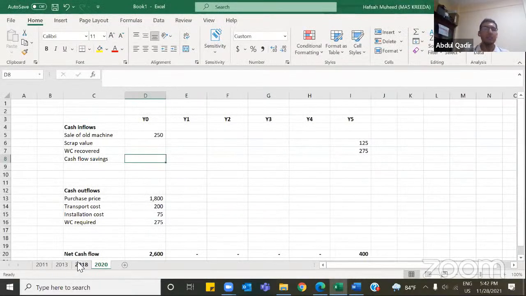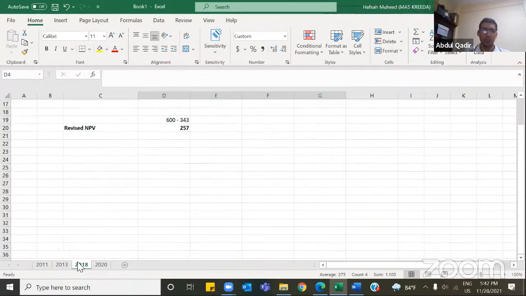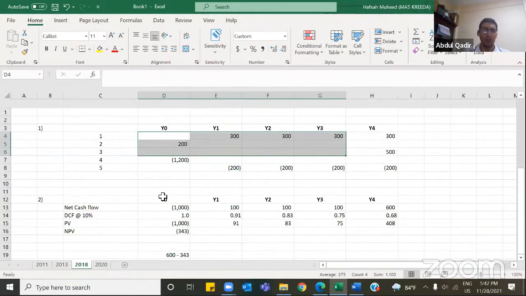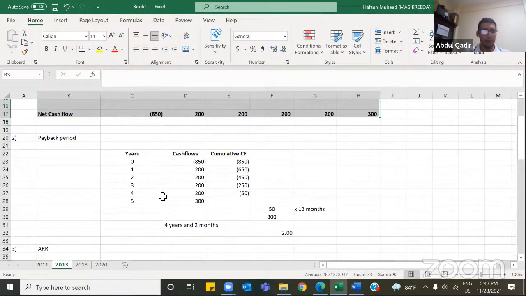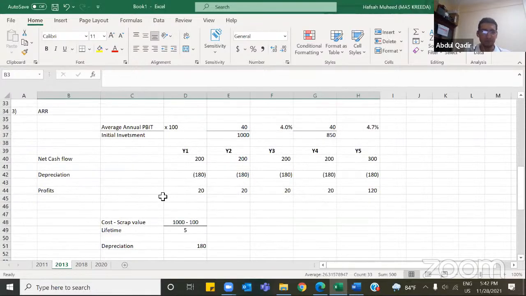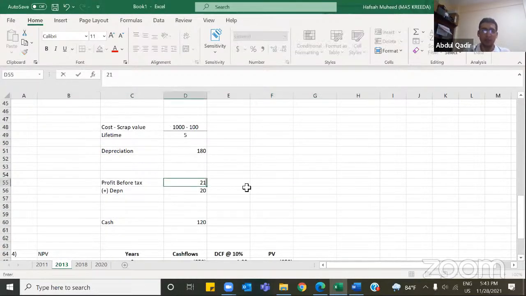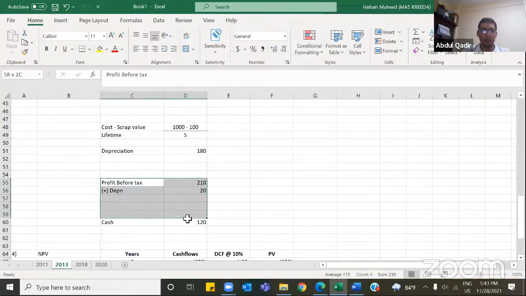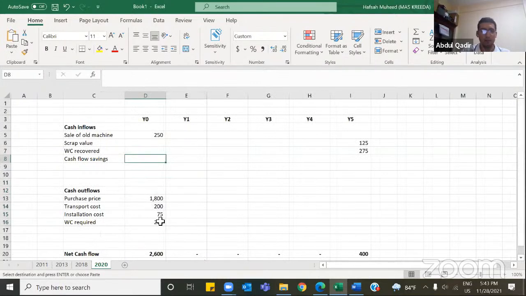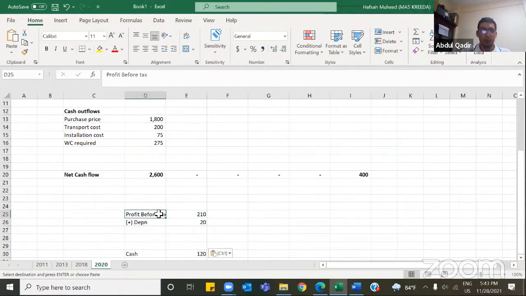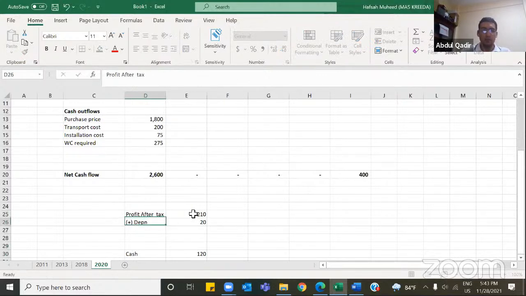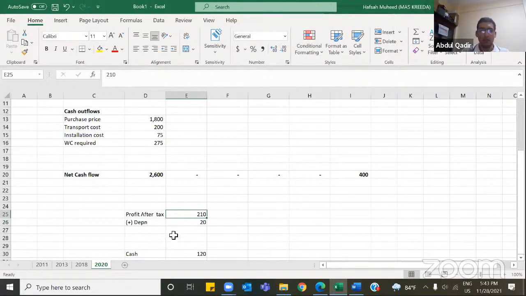Similar to how we did the earlier question, the net cash flow to profits. In this question, they are saying our profit after tax is 210.